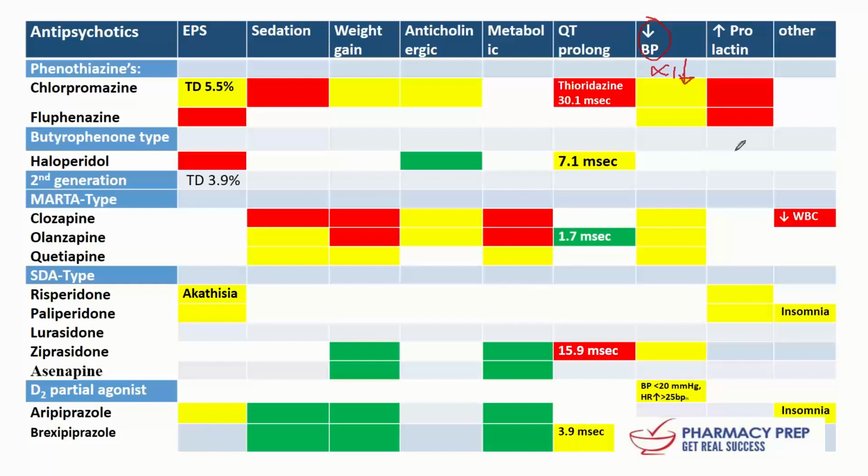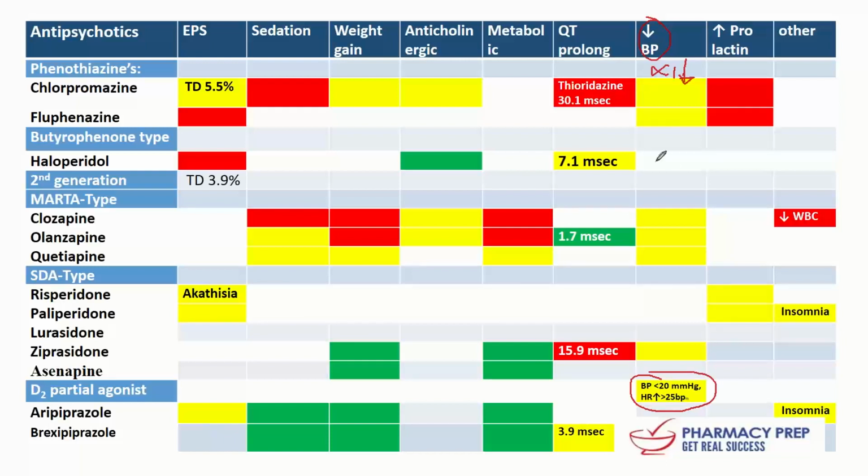When you inhibit them, that can lead to vascular dilation and low blood pressure. Whenever the blood pressure falls by more than 20 mmHg and the heart rate goes up by more than 25 beats per minute, that condition is known as orthostatic hypotension.